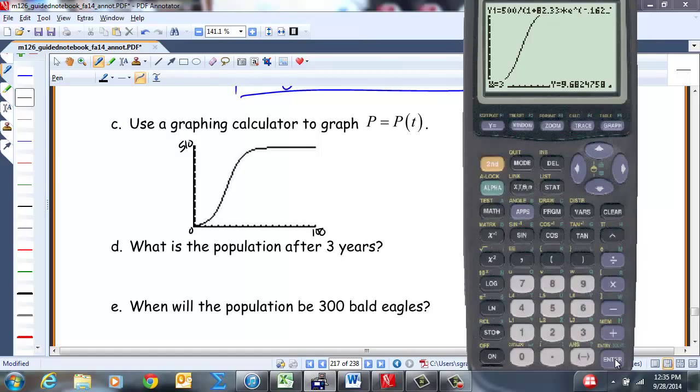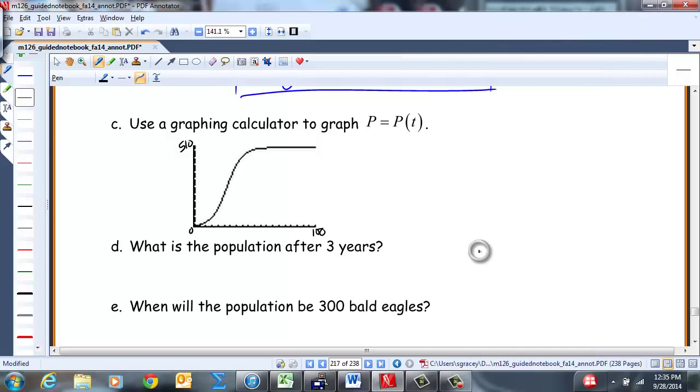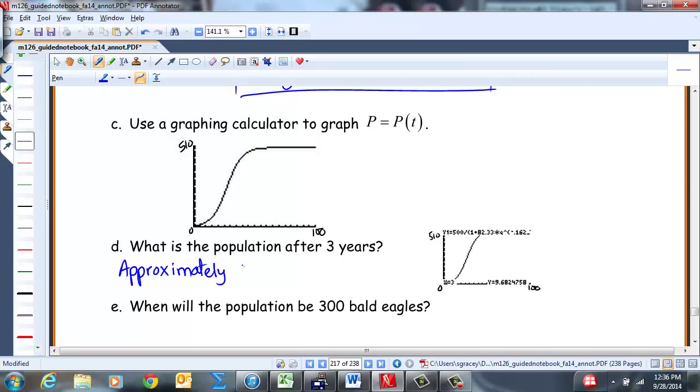Usually on these problems, we don't want to consider part of an eagle, so we'll say approximately 10 bald eagles.